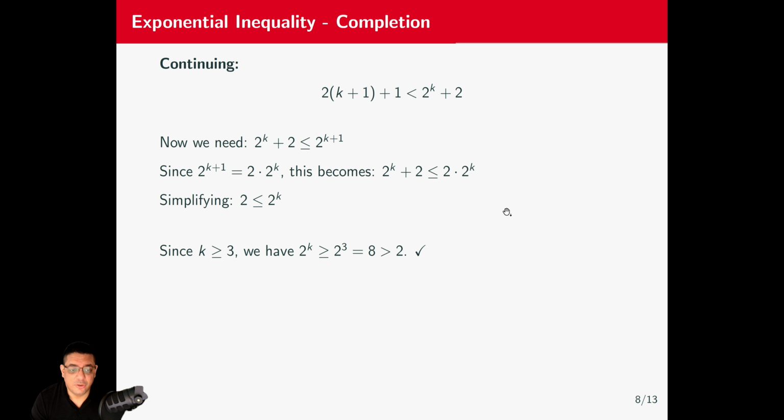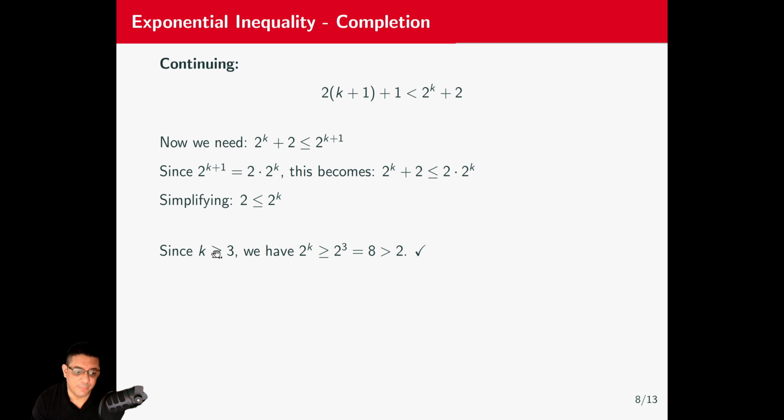If that is unclear, notice that once again we want to prove this step. What we're doing is, this is twice 2 to the k. So it's like each of the pieces: 2 to the k plus 2 is less than 2 to the k plus 2 to the k. So 2 to the k gets canceled, and I just need to prove that 2 is less than 2 to the k.